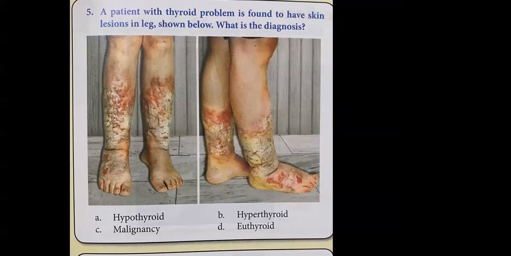If myxedema is there, the etiology should be hypothyroidism. If it is pretibial myxedema, then it goes into hyperthyroidism. If you find only myxedema in the question, you should invariably put hypothyroidism. If it is specifically mentioned as pretibial myxedema, then you should mark hyperthyroidism. Just remember.